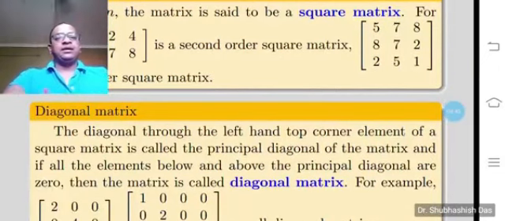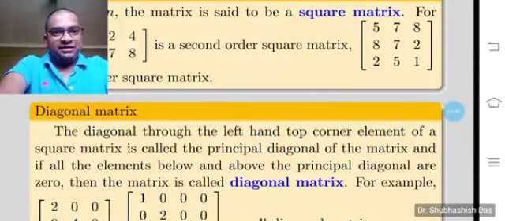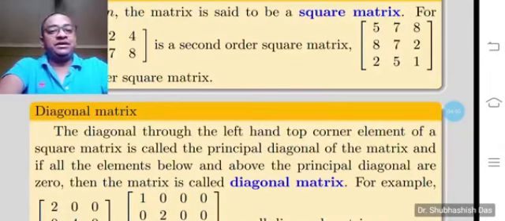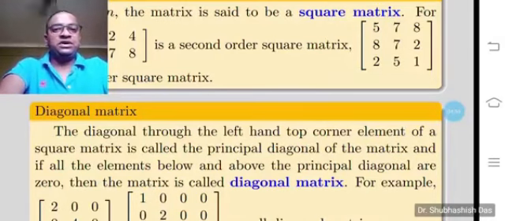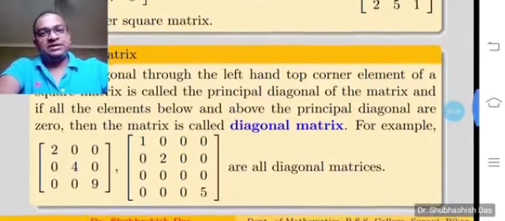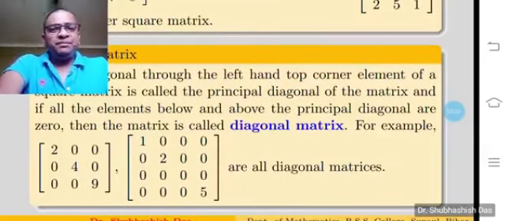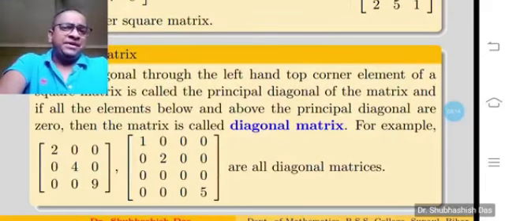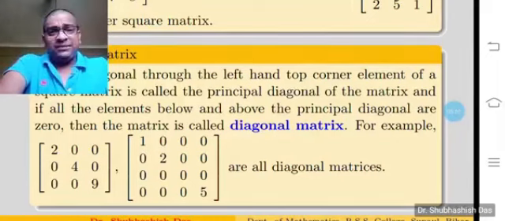Diagonal matrix: in a square matrix, if all the elements below and above the principal diagonal are 0, then the matrix is called a diagonal matrix. See here, the first example is a 3 by 3 square matrix. 2 4 9 belongs to its principal diagonal, and above and below the principal diagonal all the elements are 0.